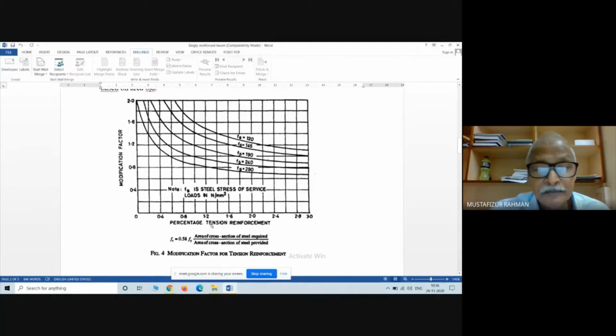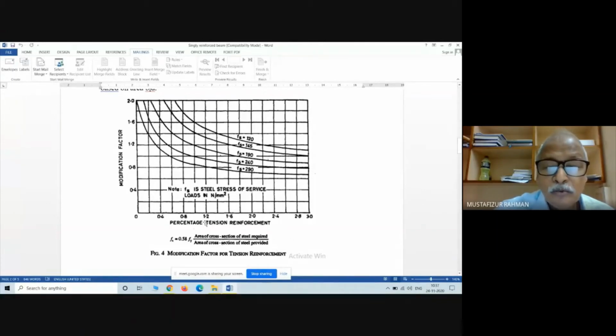This is an expression: Fs is equal to 0.58 multiplied by Fy into area of reinforcement steel required divided by area of reinforcement steel provided. Everything is known to us. So from this, we will be able to find out the value of Fs, that means the stress induced there.